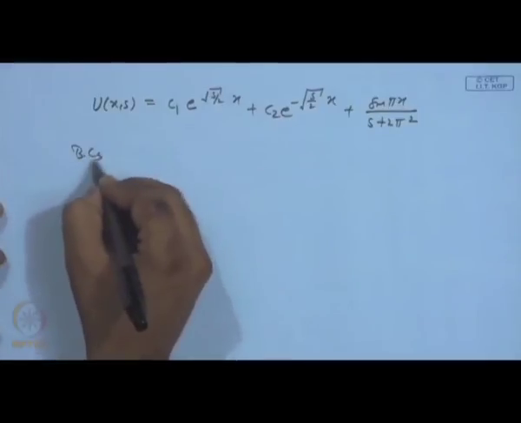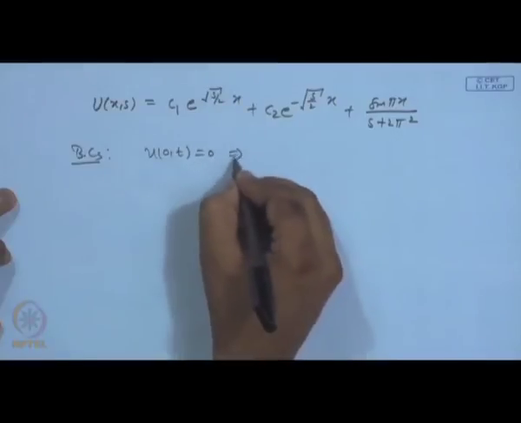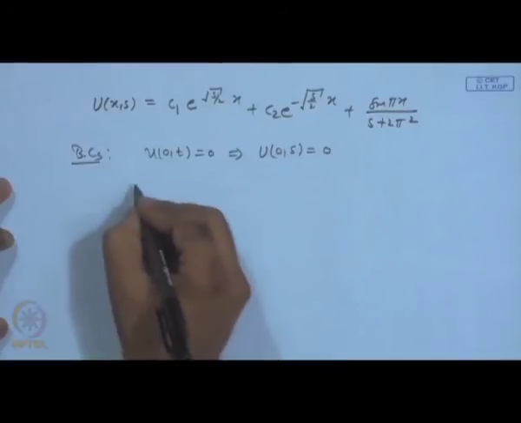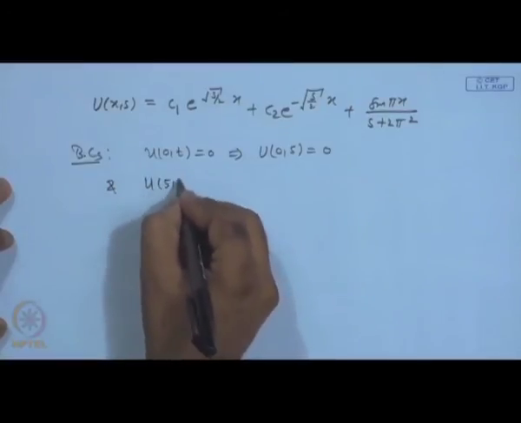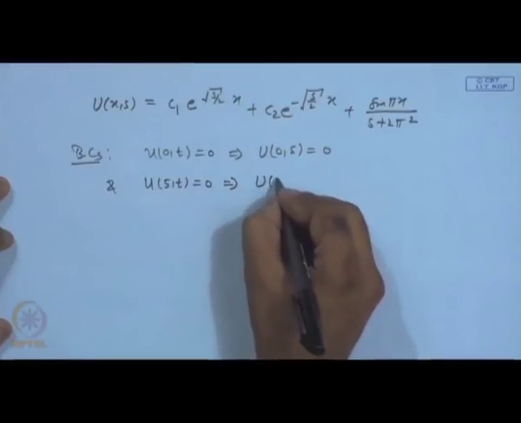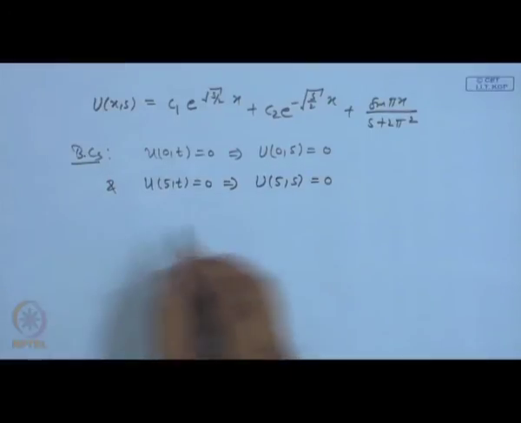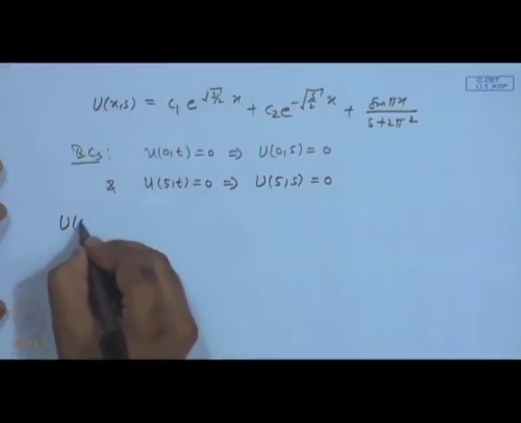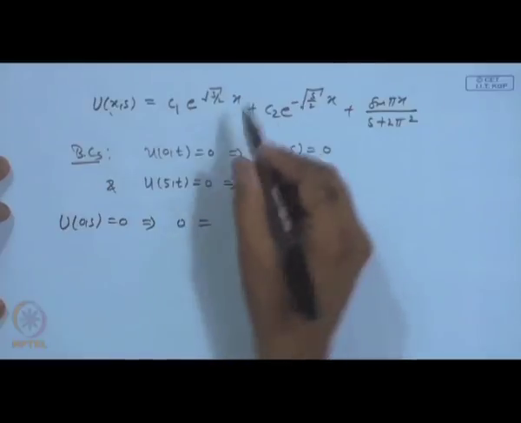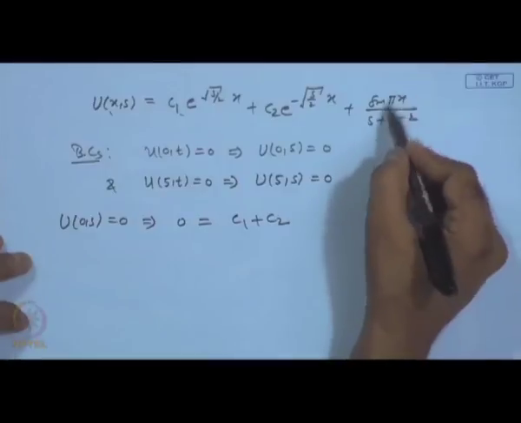Now, the boundary conditions, and these boundary conditions are u 0 t is 0. So, this will give us u 0 s is 0, and we have u 5 t is 0, and this will give us u 5 s is 0. So, the first boundary condition u 0 s is equal to 0 will give us c 1 plus c 2, and this is when x is 0, this is 0.